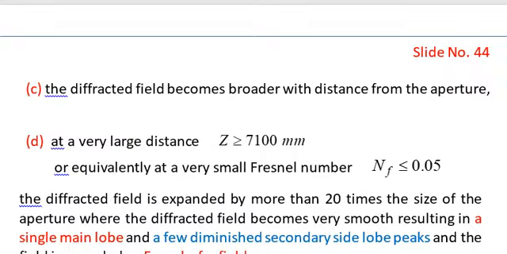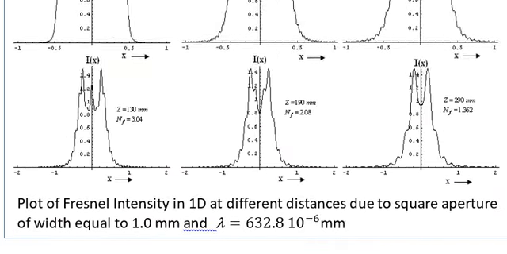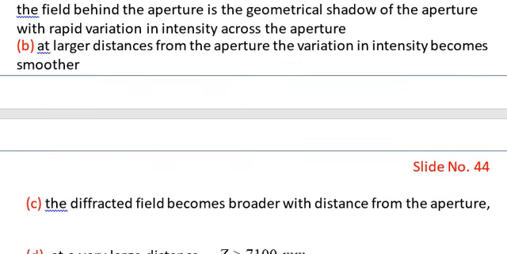Point C is that the diffracted field becomes broader with the distance from the aperture. We have seen that when we go away from the aperture, the field broadens as well as smoothens.